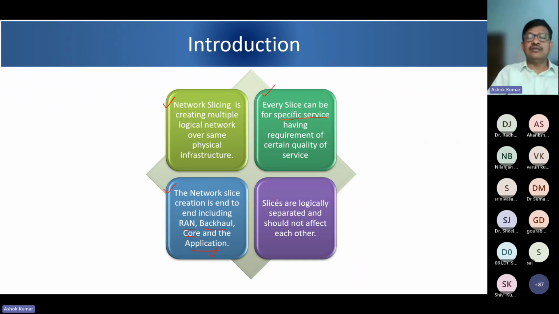Slices are logically separated in a way that they will not affect each other. Rather, they are secured individually. That means any security breach in one slice will not affect other slices per se.